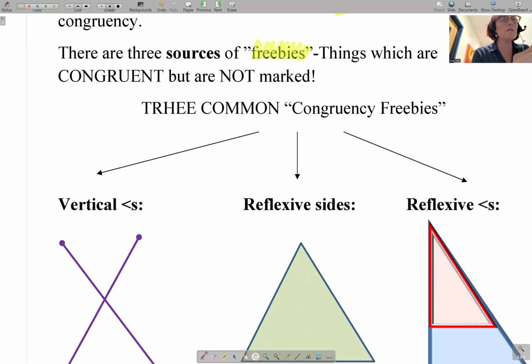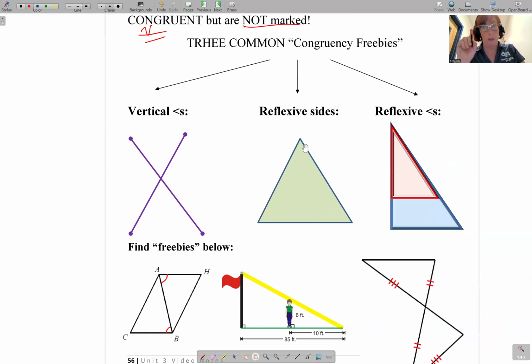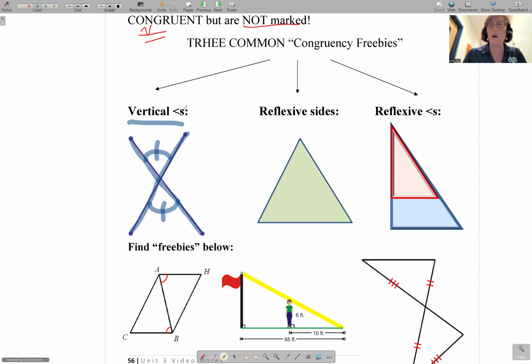Freebies are things that are always congruent, but they're not marked for you. You have to hunt them down and mark them. And you've seen these before. These 3 freebies, which you mark congruent when you see them, are vertical angles, also known as bow tie angles.